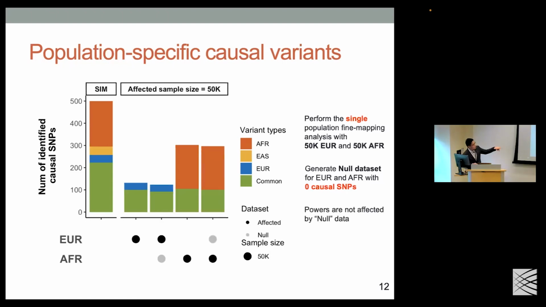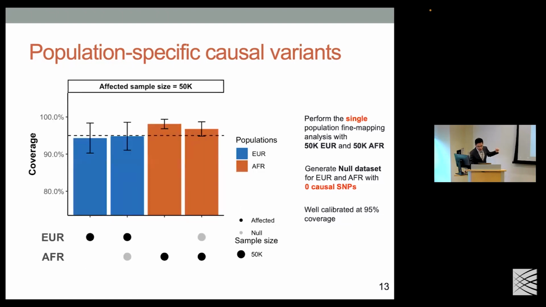The gray dot stands for the null data. After we add some null data to our software, I think the power is reduced very, very little, and we can say it's not greatly affected by the null data. And also the coverage is quite good, all close to or above 95%.